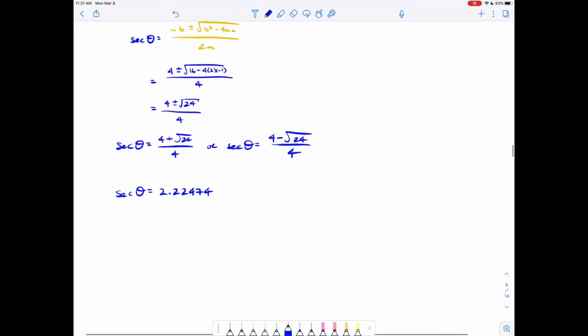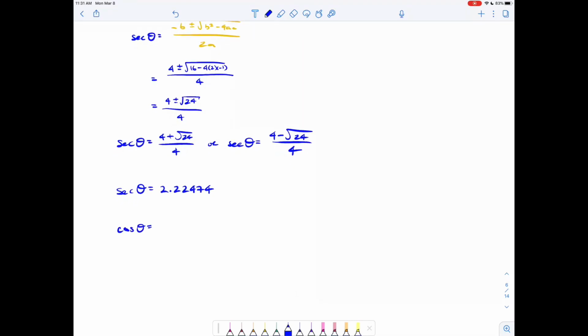And that means I can say that cosine of theta is the reciprocal of that, 0.44949-ish. Over here, secant of theta would be 4 minus square root of 24 divided by 4, which is negative 0.22474.